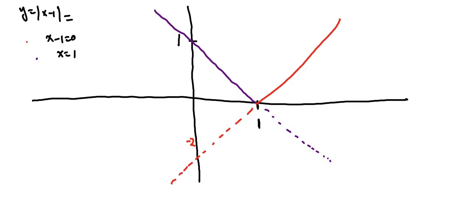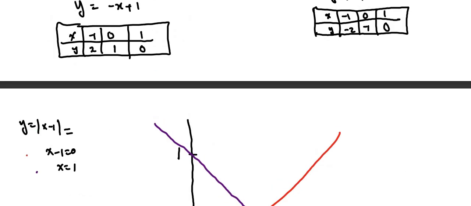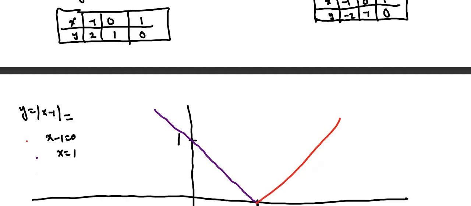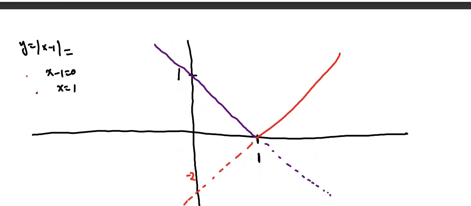From the two pieces, you're able to see that there was negative 1, negative 2, and then there's 0, negative 1. So this is supposed to be a negative 1 here. So we have something like this. This is the first piece, which is x minus 1. This is the other piece with negative x, then plus 1.